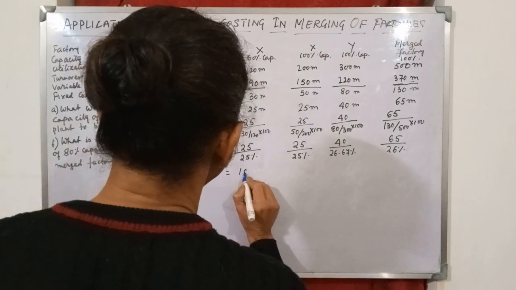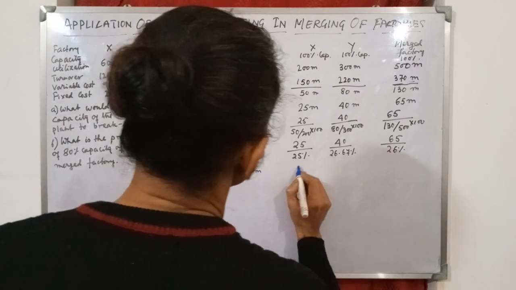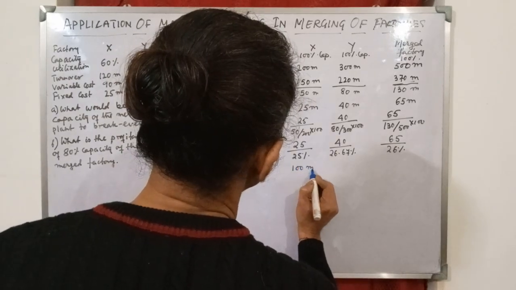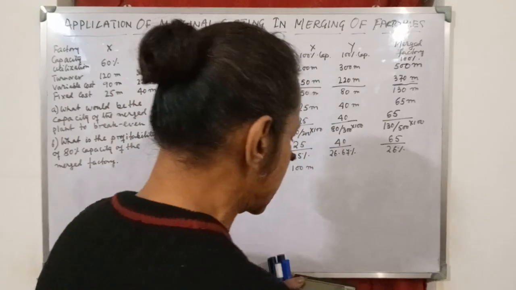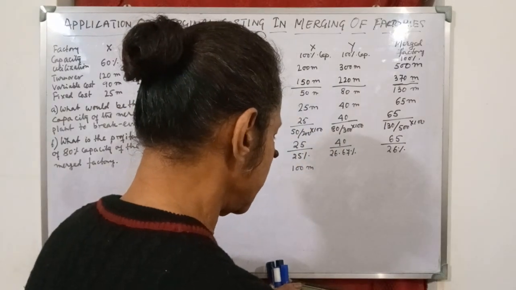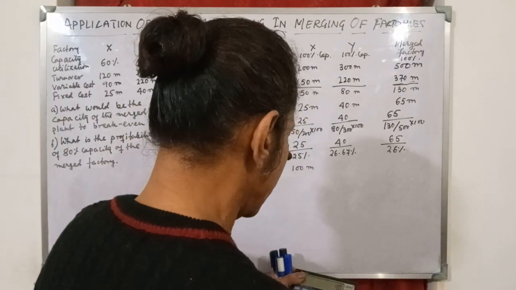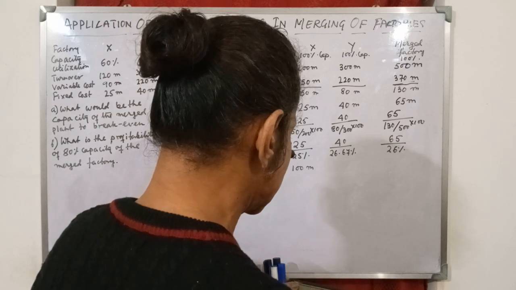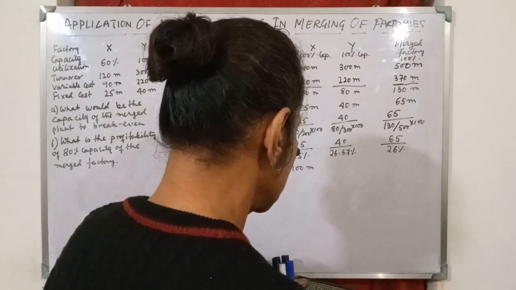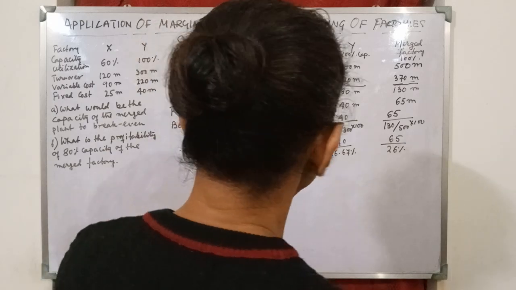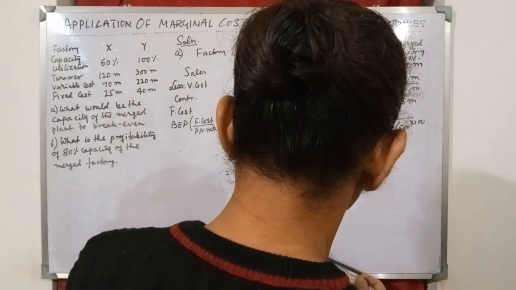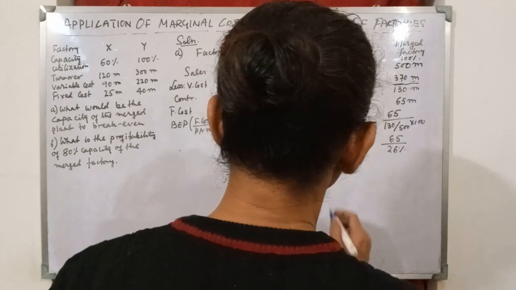So we get 100 million here, 100 million here, 40 by 26.67%, 40 over 26.67%. So we get 255.92, 256.92.